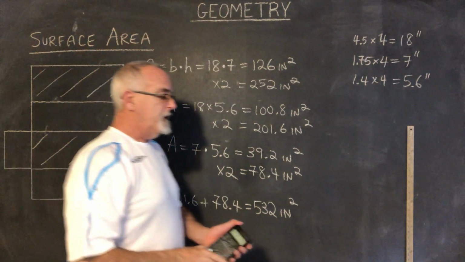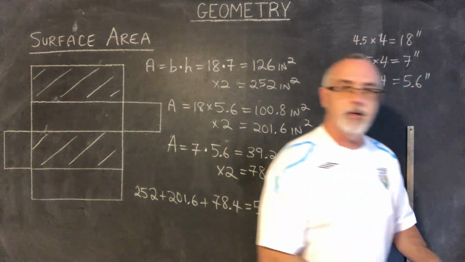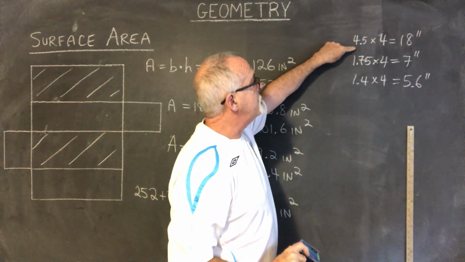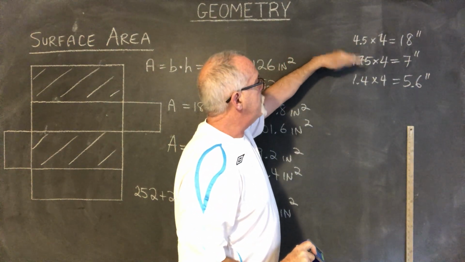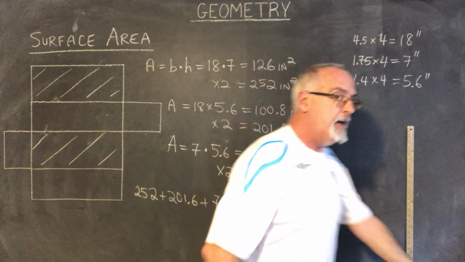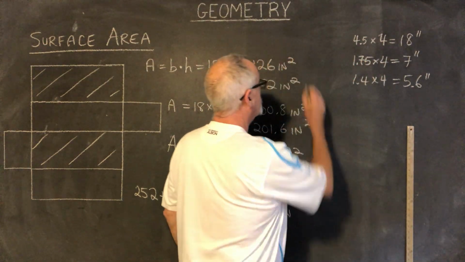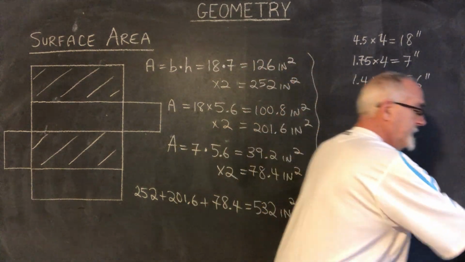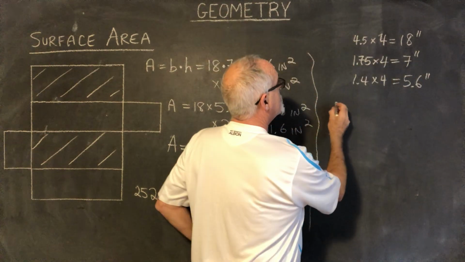Now I want to find the total surface area of the little box, for which I am going to use these original dimensions, the 4.5 inches, 1.75 inches, and 1.4 inches, but otherwise the calculations are going to look very much the same. So I'll move this dangling yardstick out of the way to make a bit of room.